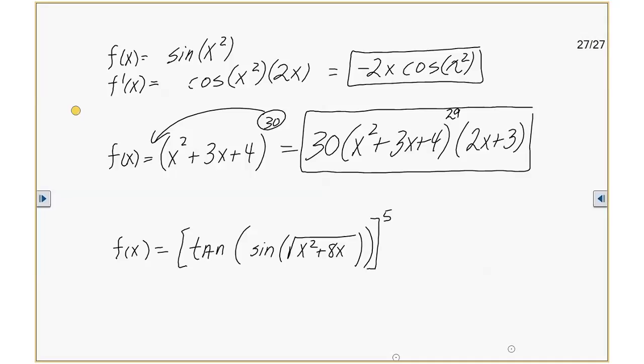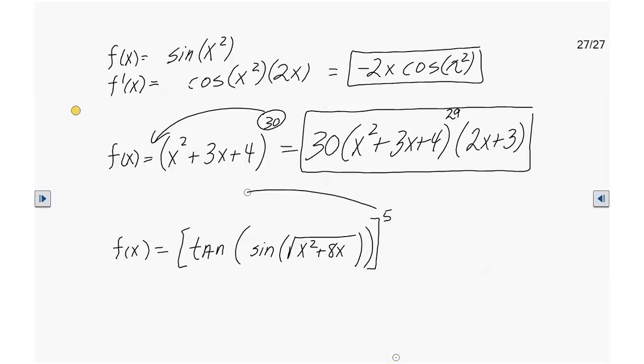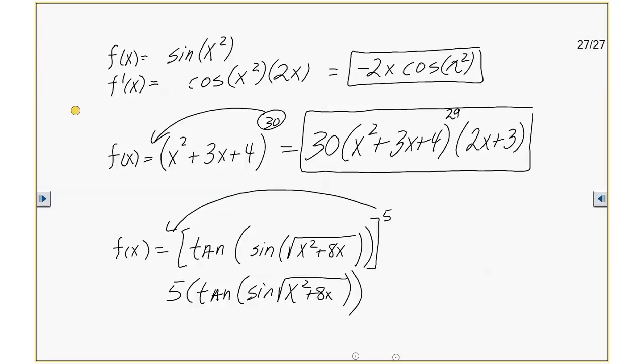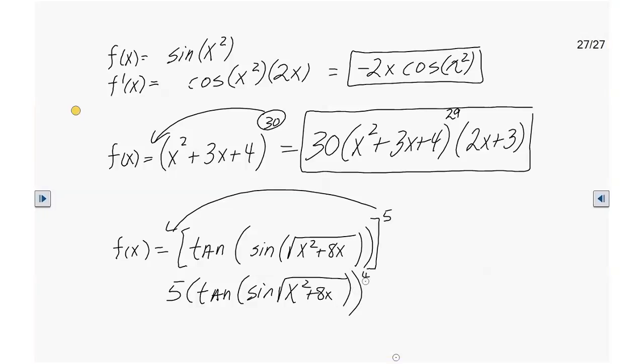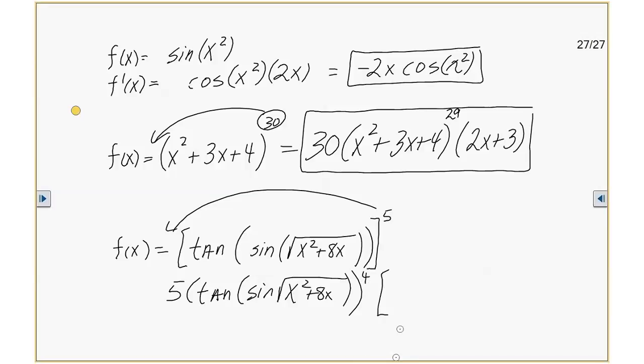The last one, you take the derivative. So you go ahead and bring this out, chain rule. 5 times the tangent of the sine of the square root of x squared plus 8x, to the 4th. And now you take the derivative of what's inside right here.